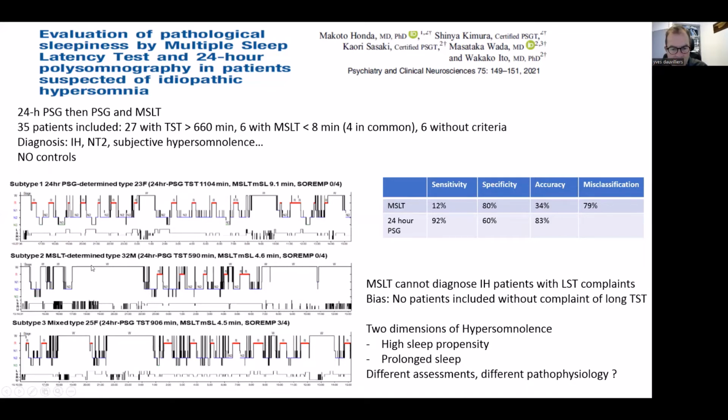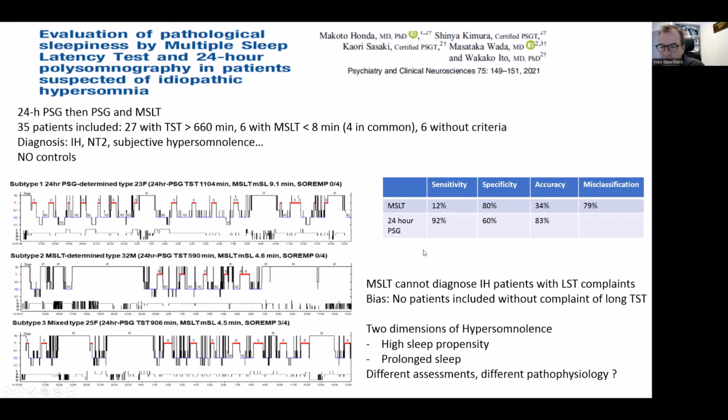The second example is a patient with normal sleep duration, less than 600 minutes, but the MSLT is 4.6 and 0 SOREM, a very sleepy subject in NREM, no REM sleep. And the third example is long sleep duration, 900 minutes, MSLT 4 minutes, and 3 SOREMs, so probably a narcoleptic patient.